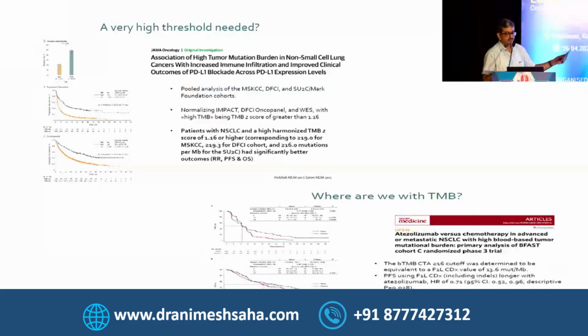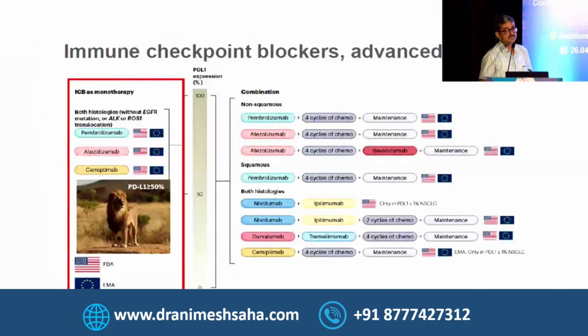Again, in the Foundation cohorts, blood versus tissue, there is some discrepancy in the harmonized score of high versus low, between FoundationOne Liquid and FoundationOne solid. So with tumor mutational burden, it is still a zone of discussion. Most studies and guidelines say that if tumor mutational burden is more than 10, it should be considered positive and immunogenic, whatever the PD-L1 status. That is one important thing.